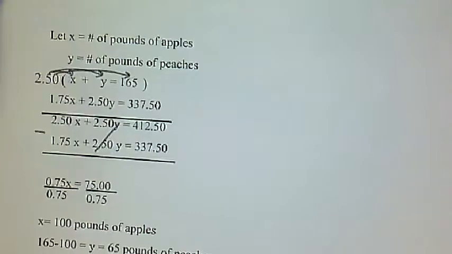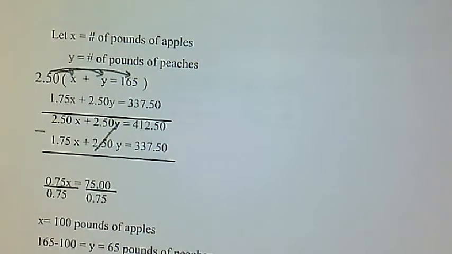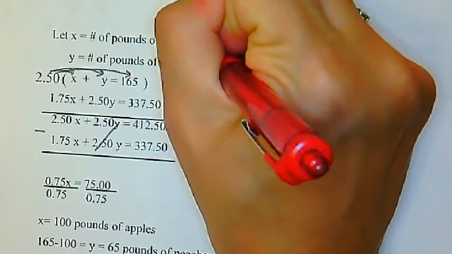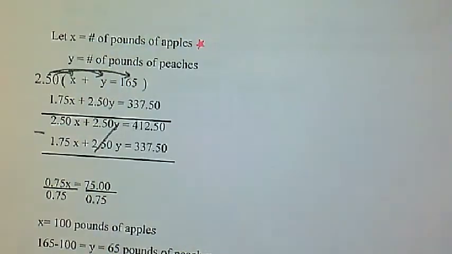All right, so after that, I see that I need to have two different variables. One variable is going to be apples, the other variable is going to be peaches. Okay, so I'll do this in red and this in green.